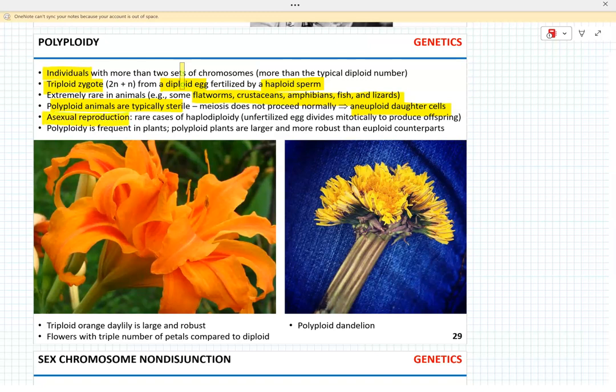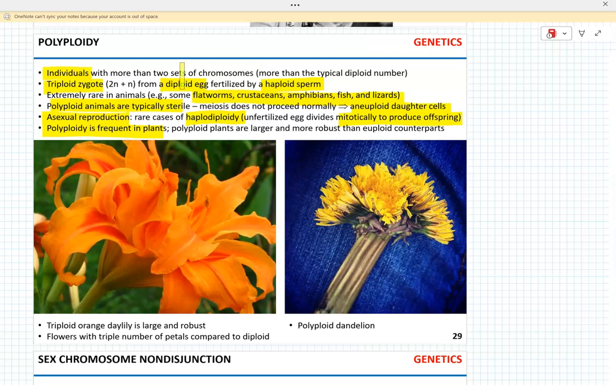In asexual reproduction, there are cases of haplodiploidy, when the egg that is unfertilized mitotically divides to produce offspring. Again, not common in animals, but polyploidy is pretty frequent in plants.